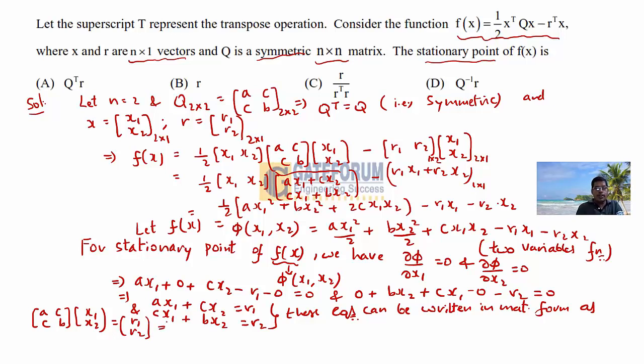So this looks like q times x is equal to r.